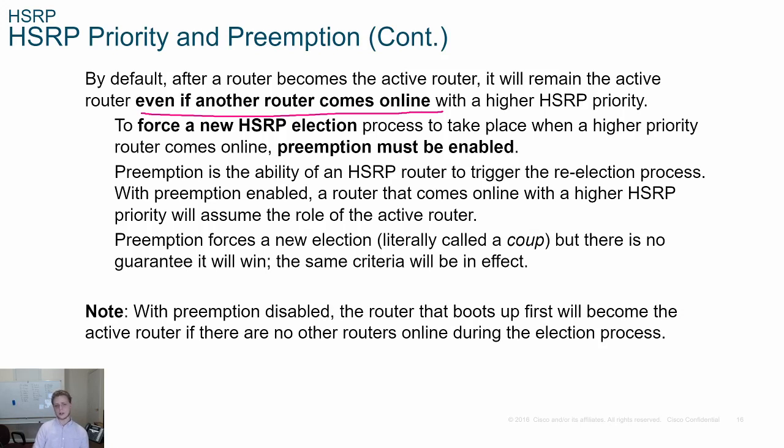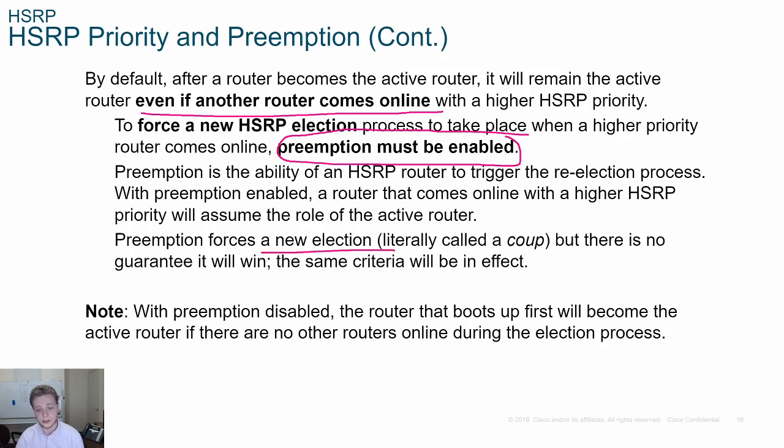So if we want to force a new HSRP election, we can set preemption. That's an option if we want that to happen. Usually we're also going to do some other things along with preemption so that we make sure that situation doesn't happen, such as wait 60 seconds before we actually preempt and force an election.